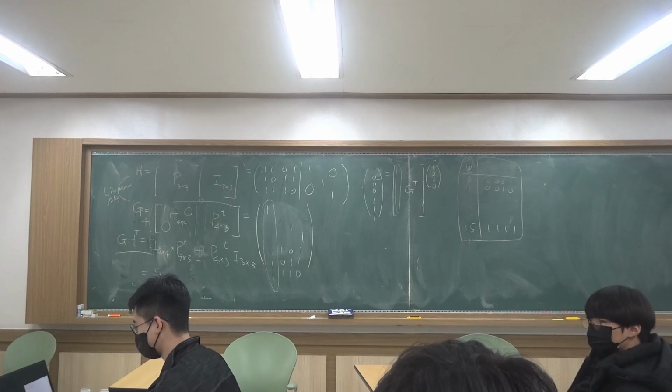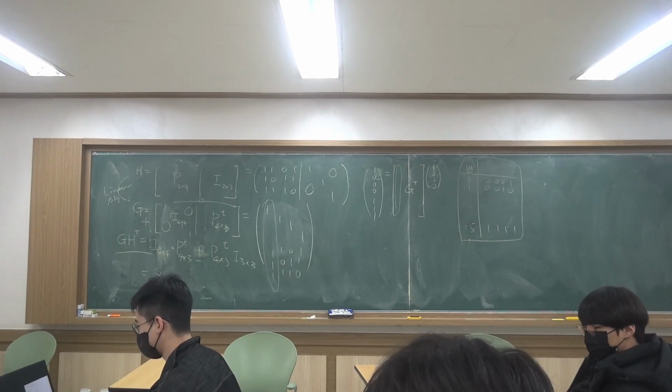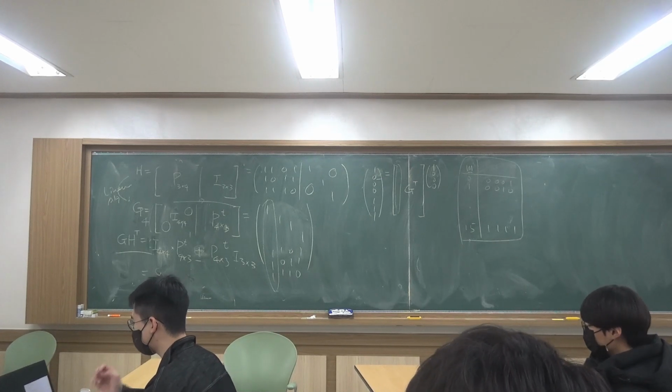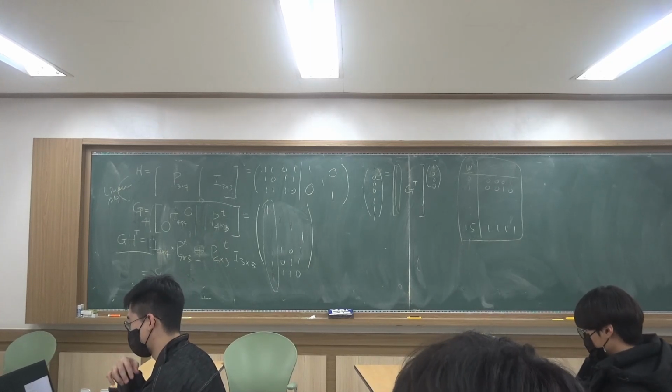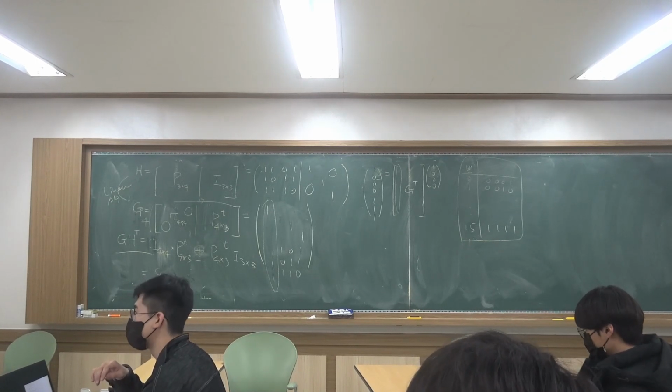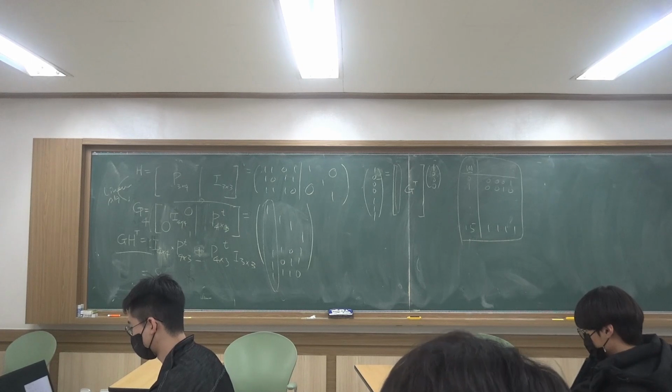And then what's left is the error part. So the error part multiplied by H transpose gives us the hint about the error, right? This one is called the syndrome. And then with the syndrome, we can find E, okay? By solving this equation.